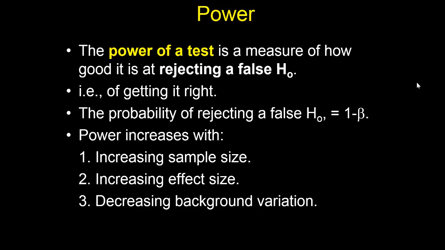So if you're controlling all your background variation, you've got a more powerful test. Typically, effect size is fixed, that's what we're measuring, and background variation you control as much as you can. So it's normally the sample size that we can increase easily to increase power.